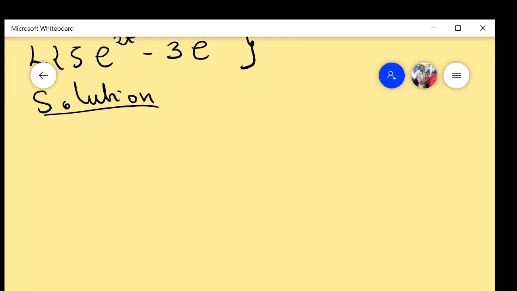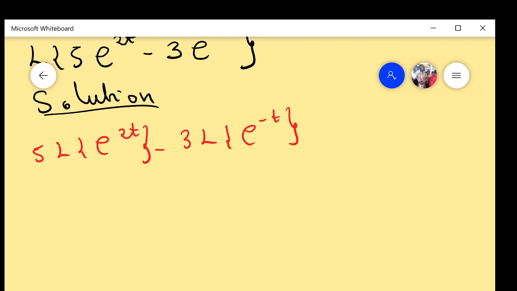We are looking at 5 times the Laplace transform of e to the power 2t, minus 3 times the Laplace transform of e to the power minus t.